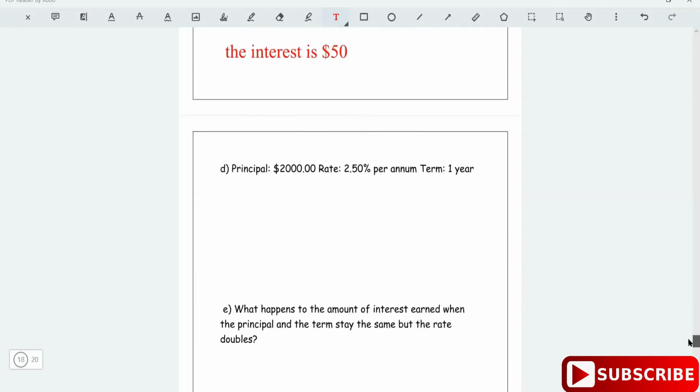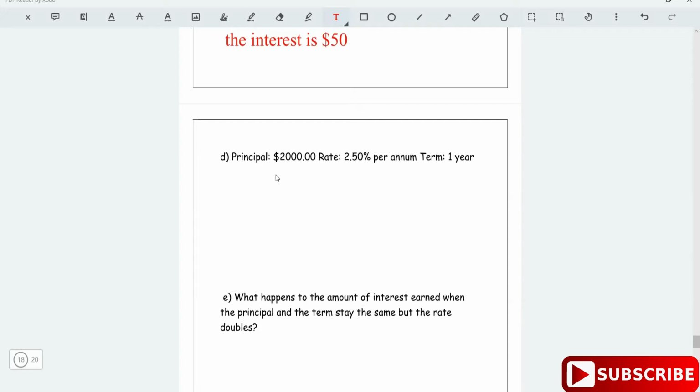Part D says the principal is $2,000, the rate is 2.5, and it's 1 year. So the time is 1 year. Again, the interest is going to be equal to the principal times the rate of 2.5 times the number of years of 1, all being divided by 100.